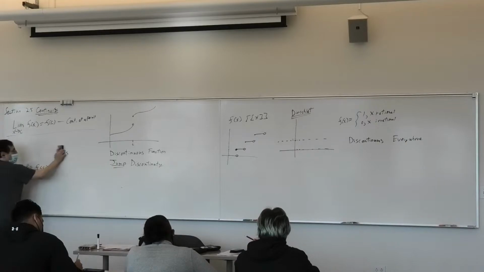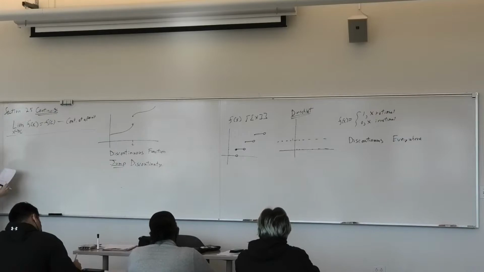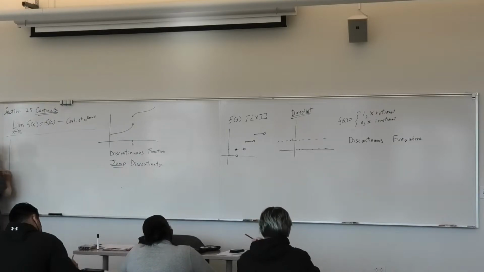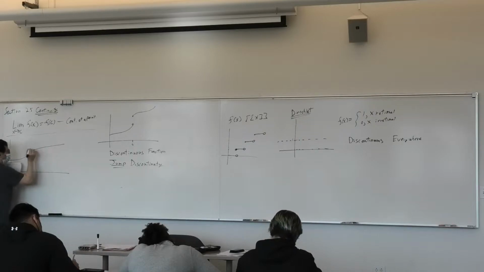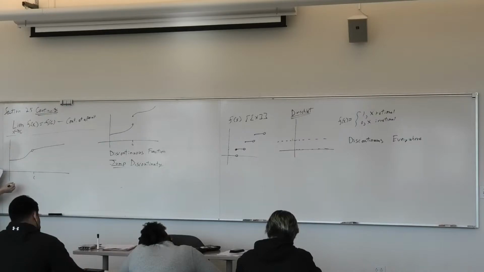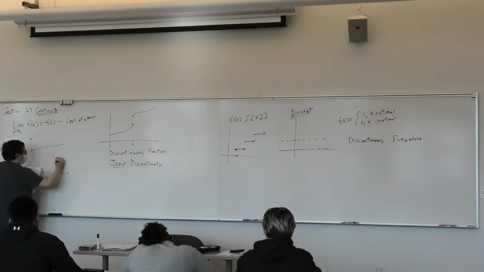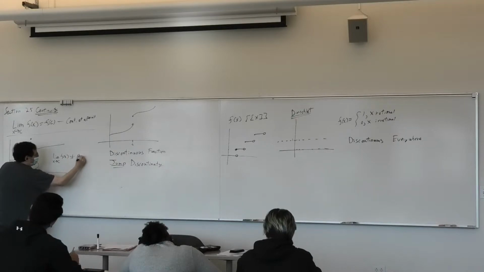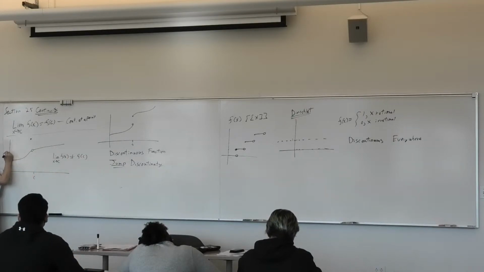The third example is the one I erased, even though I didn't want to. You have a function where either the function is just not defined at a point, or it might be defined, but that point might be somewhere else. Here we have the limit as x approaches c of f of x is not equal to f of c. This might be 2, and f of c is defined as 3.